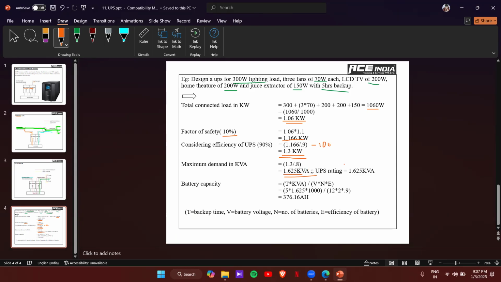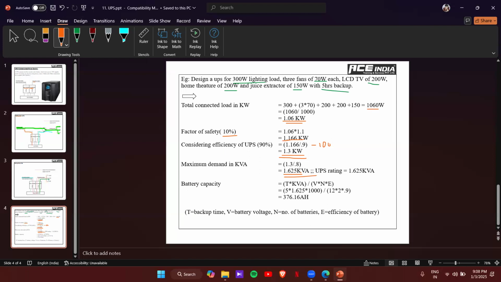Now, if you got 1.625, it's not necessary to have a 1.625 kVA UPS. So you have to check the catalog of any manufacturer. Any manufacturer you can go for. From there, you can check the available ratings. I think after 1.6, 1.8, and now 2 kVA is available.